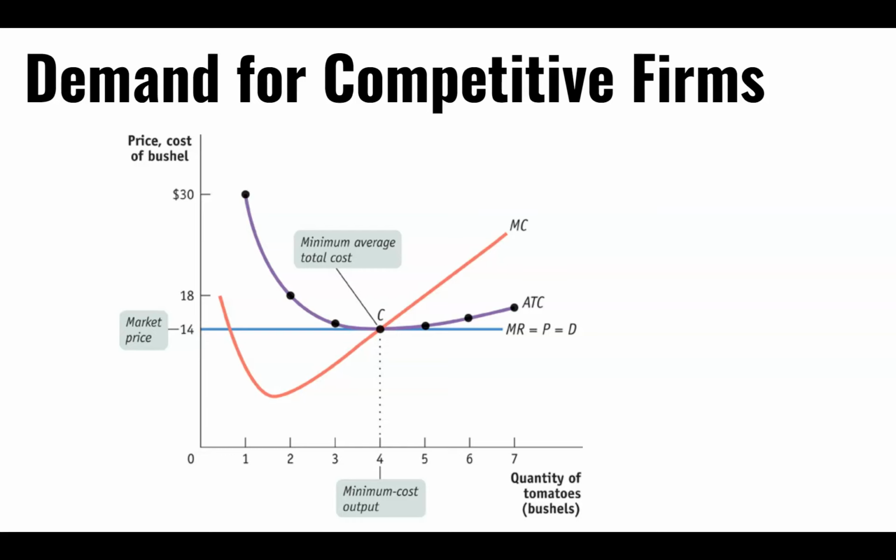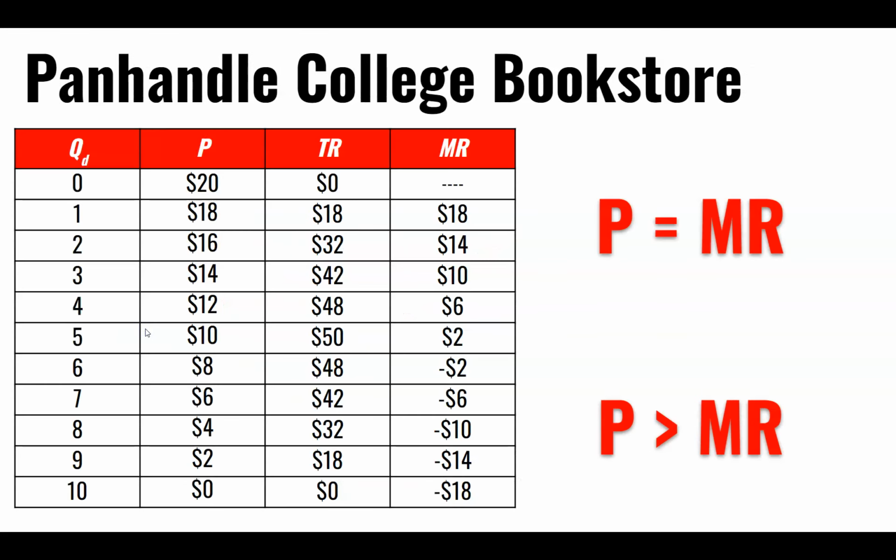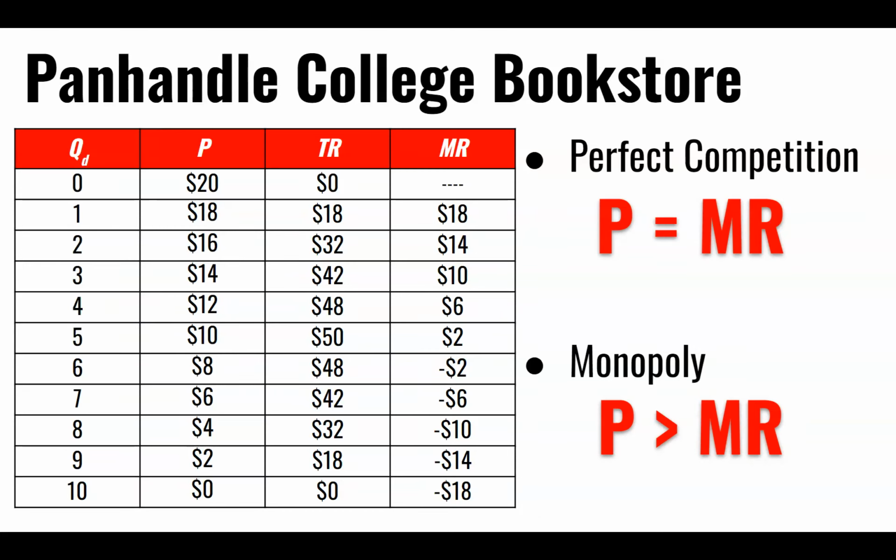And because it's downward sloping, that has an impact on the relationship between price and marginal revenue. In perfect competition, price and marginal revenue are the same. But in monopoly, they will be different. In monopoly, price will be greater than marginal revenue.